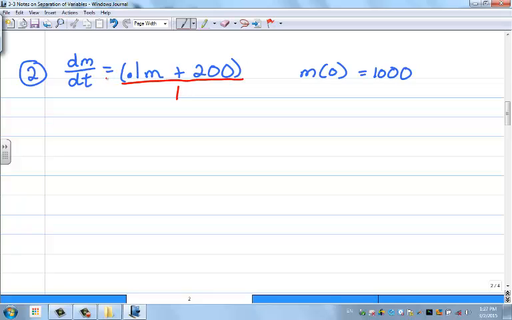When we do, basically these two things switch spots. So we get dm over 0.1 m plus 200 equals dt over 1, which is just dt. Now, really important that those dm's, dt's, dx's, dy's always are in the numerator.